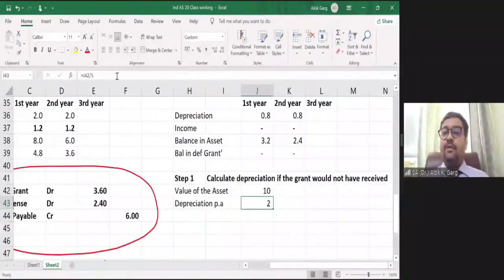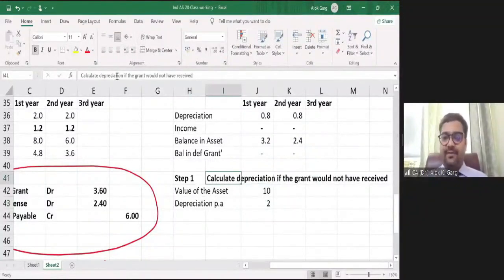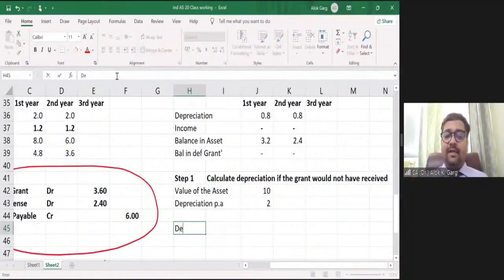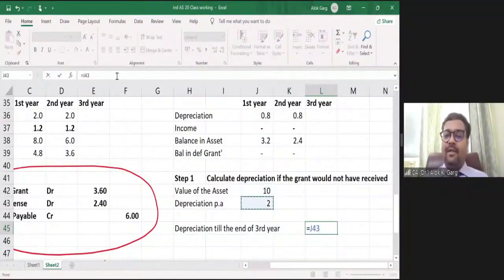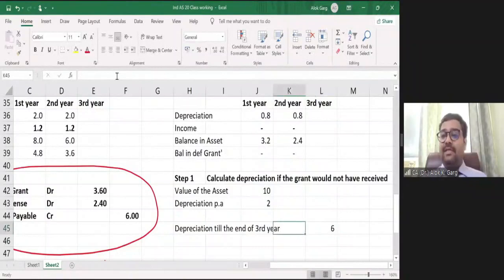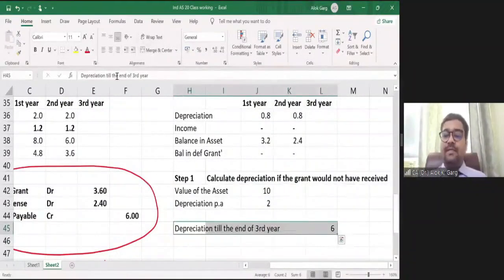So calculate depreciation if the grant would not have been received. Then the depreciation till the end of the third year: what will it be if the grant had not been received? 2 multiplied by 3, which is 6 lakhs. So the depreciation till the time of repayment of the grant, till the third year, is 6 lakhs.